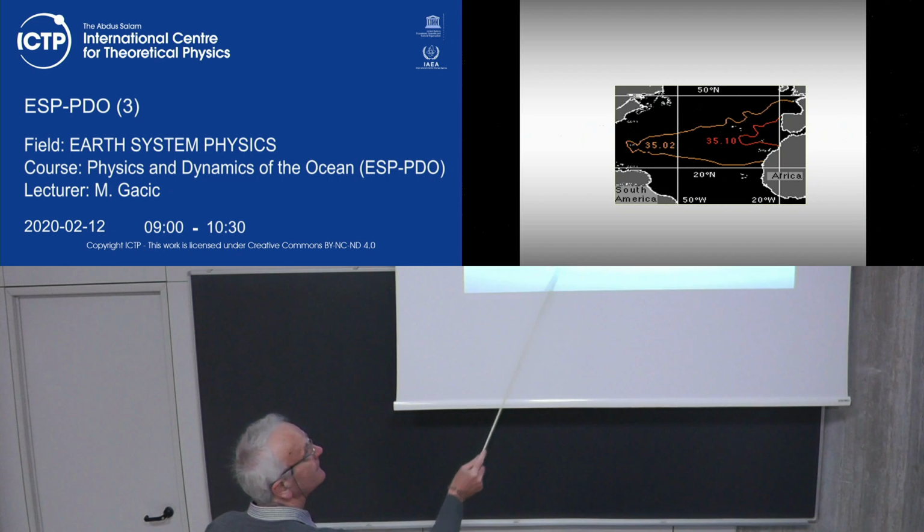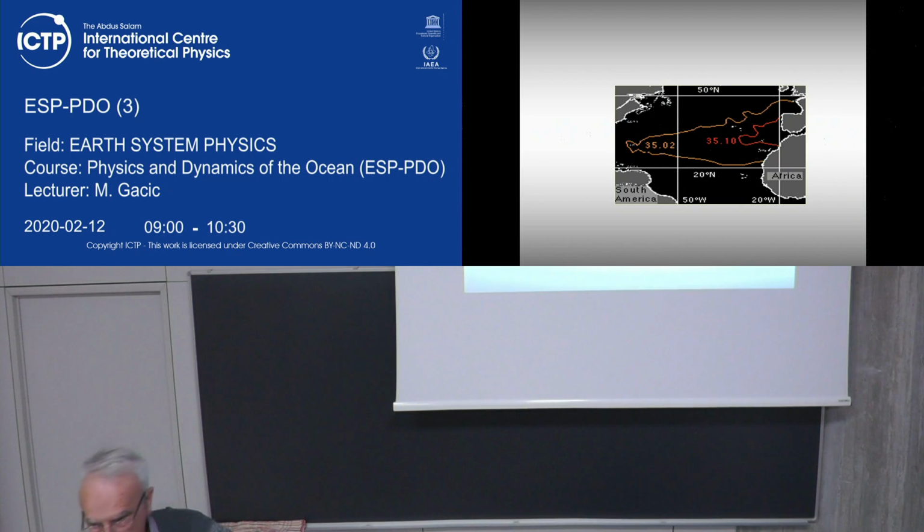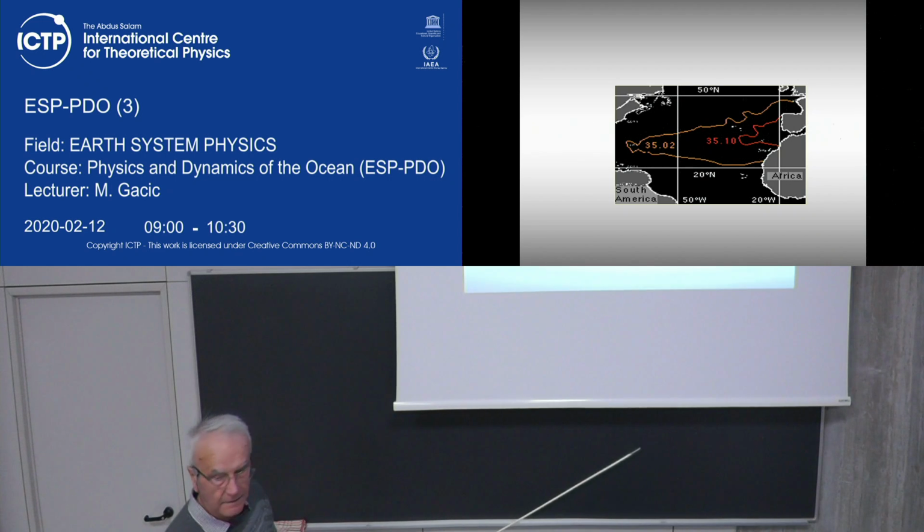Obviously, the salinity is not the same as at the origin, because due to horizontal and vertical mixing, the salinity decreases, and the differences between the salinity of the Atlantic and the Mediterranean water become smaller and smaller. But nevertheless, the signal is still there.